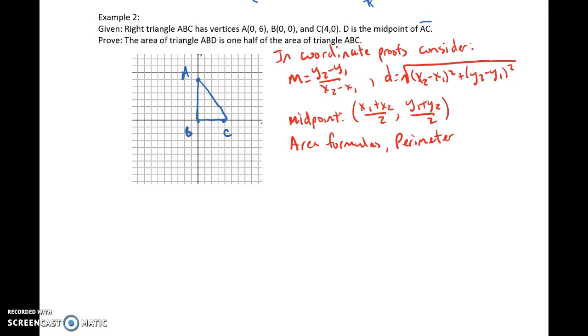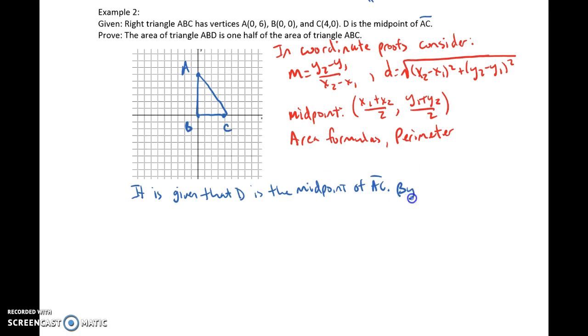So since we're not actually given the coordinates of D, right, I'm going to start with my midpoint formula and then just show my work.